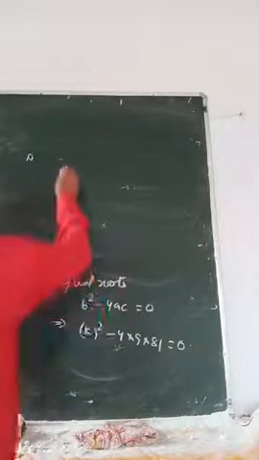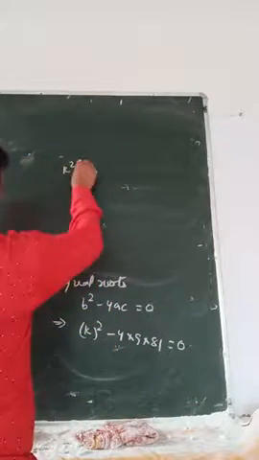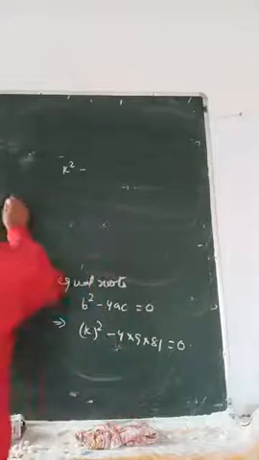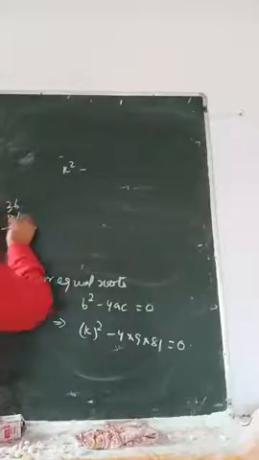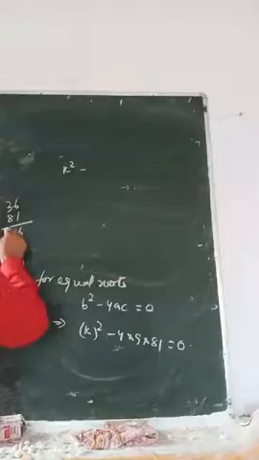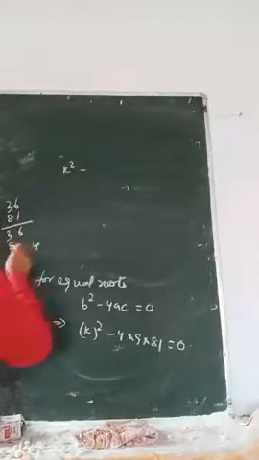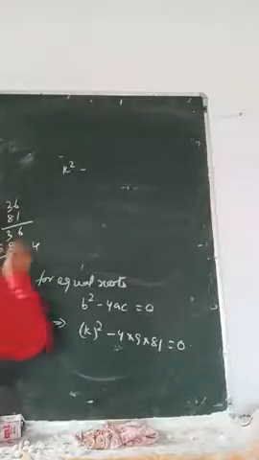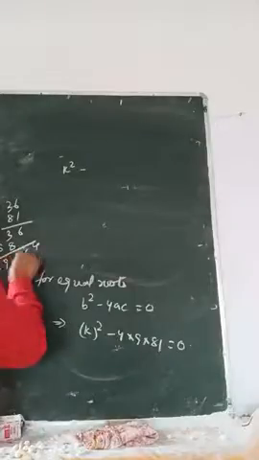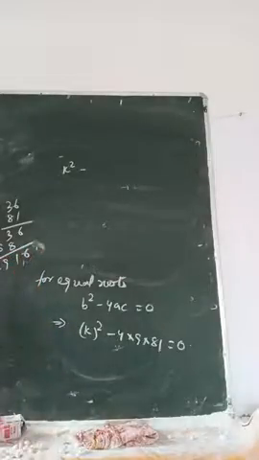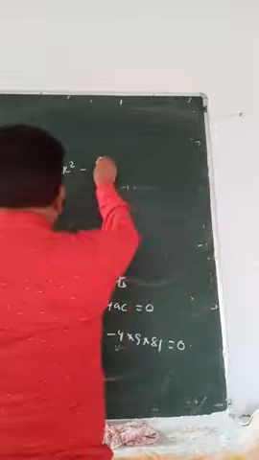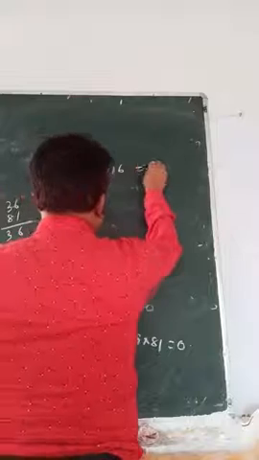K square minus 4 into 9, 36, 81 equals to 0.